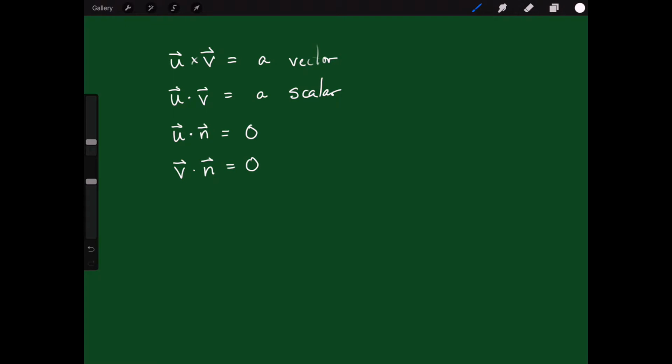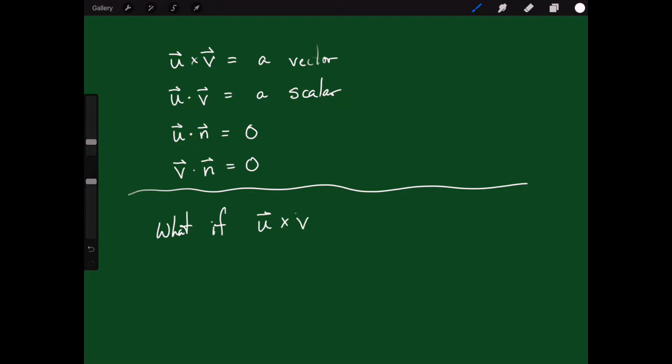All right, here's an interesting question. What if you have that u crossed with v is equal to the 0 vector? Okay, so if you cross two vectors together and get the 0 vector, well, if u is the 0 vector or v is the 0 vector, this isn't super interesting.